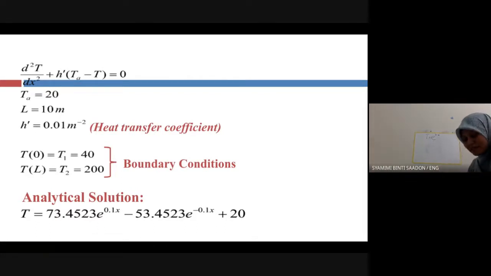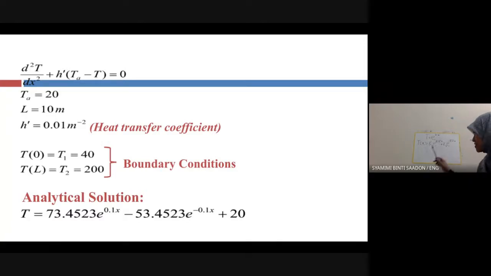So T equals exponential lambda x. So you will have the solution something like this: T(x) equals K1 constant times exponential, where I have calculated lambda is the square root of 0.15, x, plus K2, another constant, times exponential negative square root of 0.15 x.